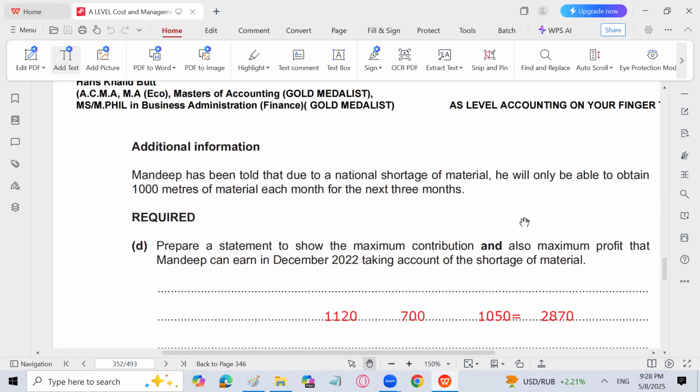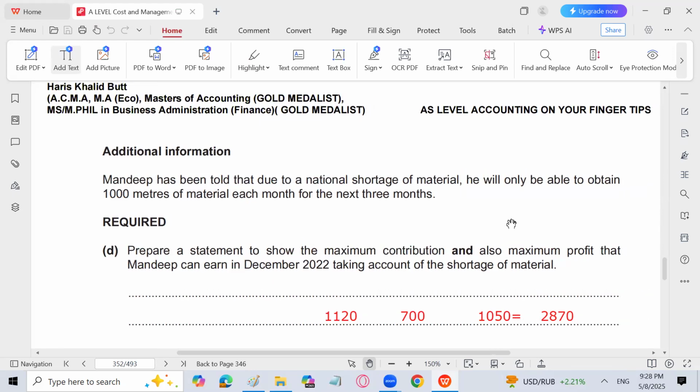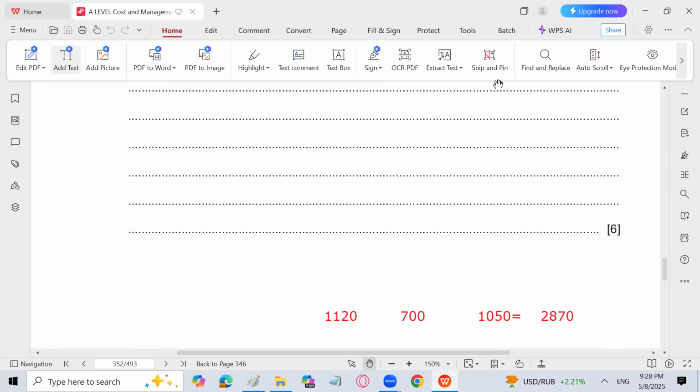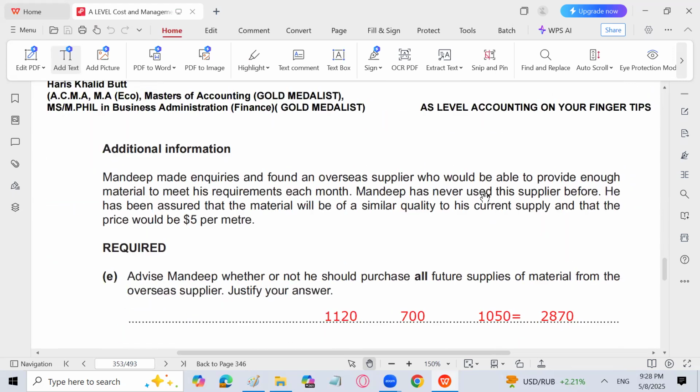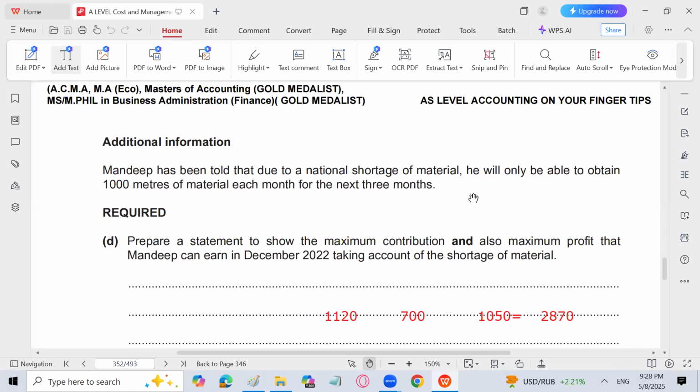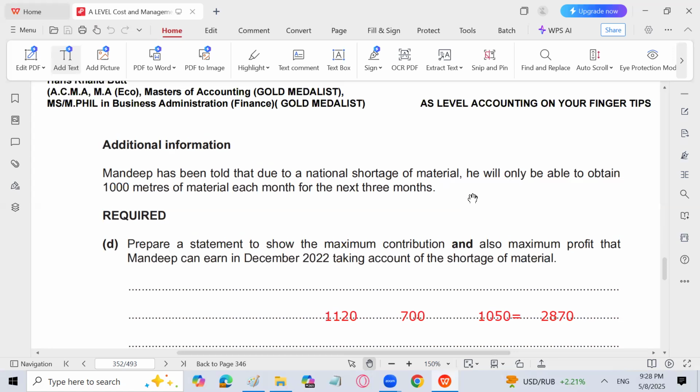Here, some students have gone for a wrong solution. Why? Let me show you. This is a 6 marks question. If you just see the question, prepare a statement to show the maximum contribution and also maximum profit Mandeep can earn in December 2022, taking account of the shortage of the material.